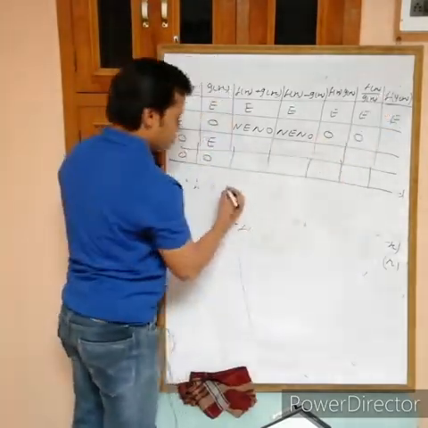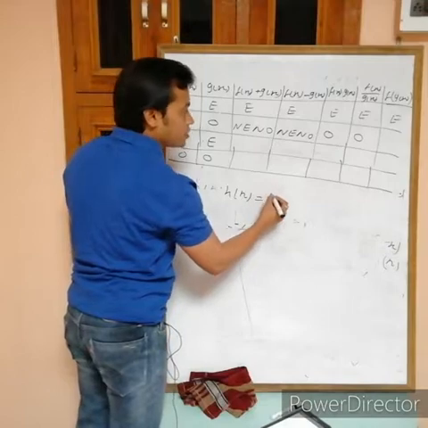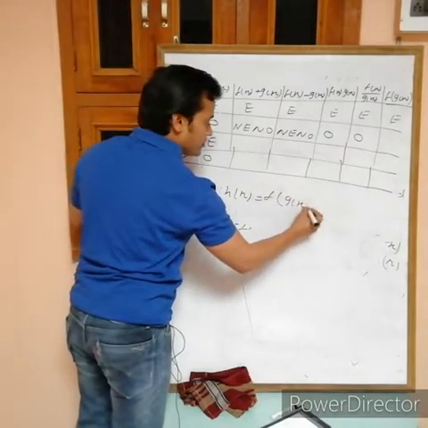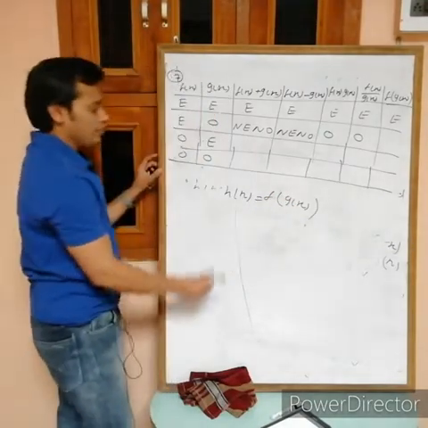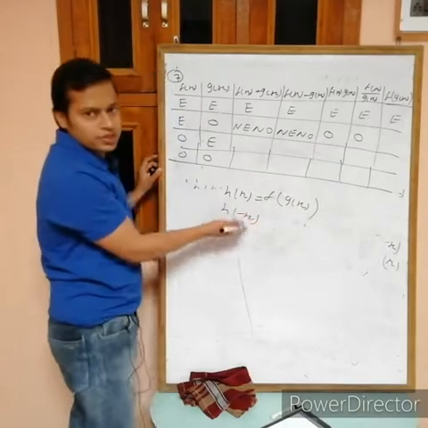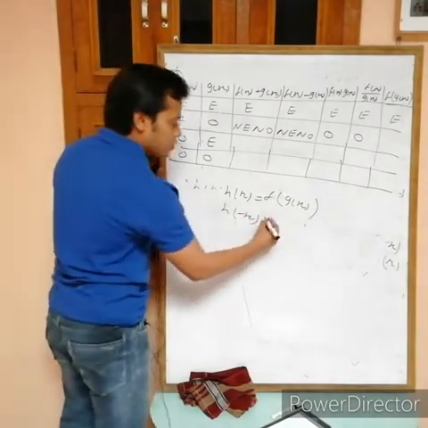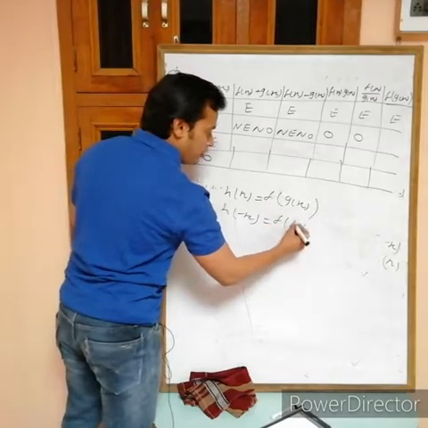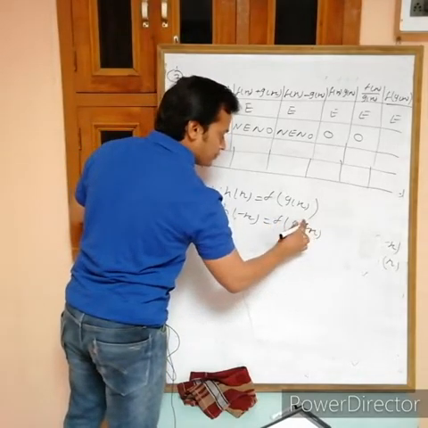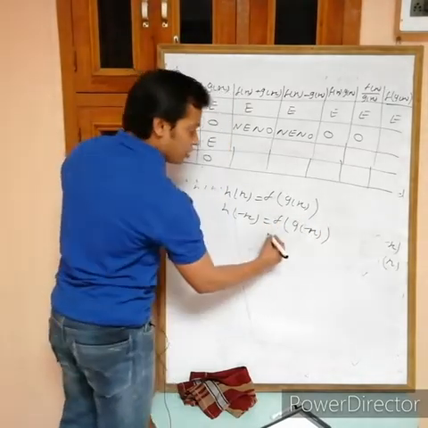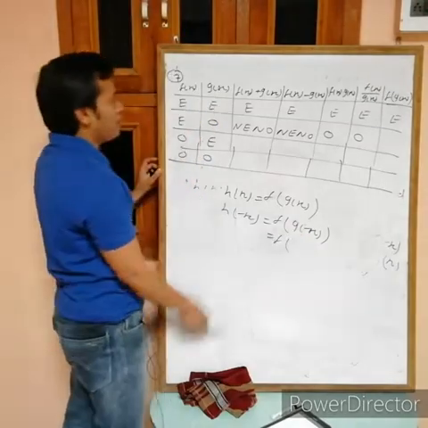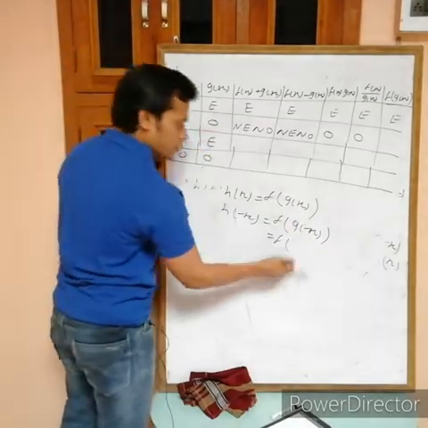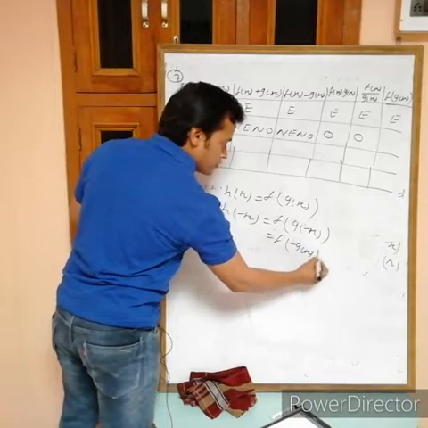If you want for this one, so suppose h(x) is equal to f of g(x). Now replace x with minus x, because this is the only way to find that this one is odd or even. So f of g of minus x. Okay, now g of minus x, g is odd, so this becomes minus of g(x).